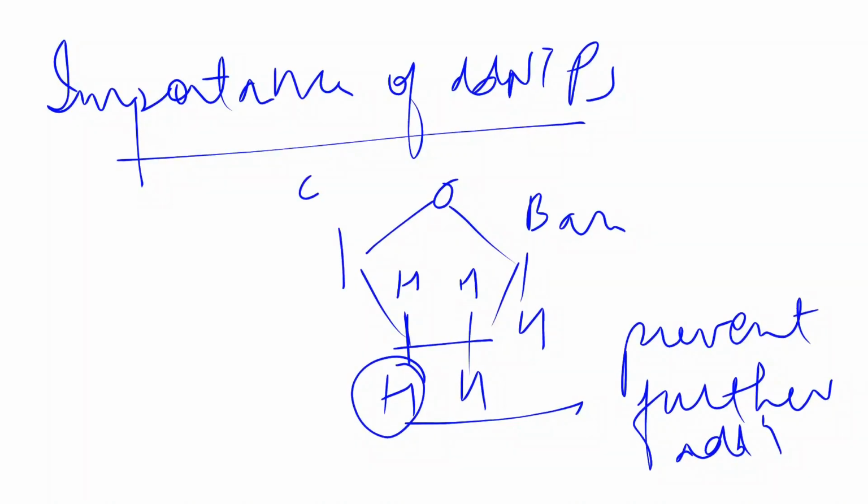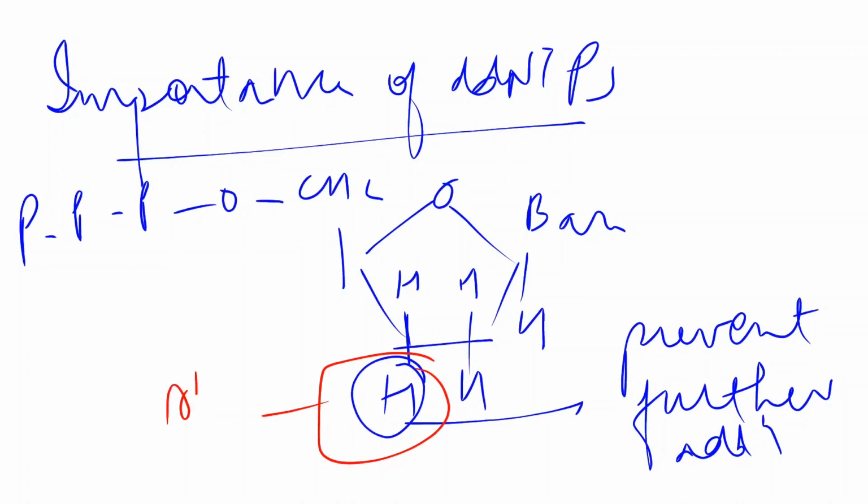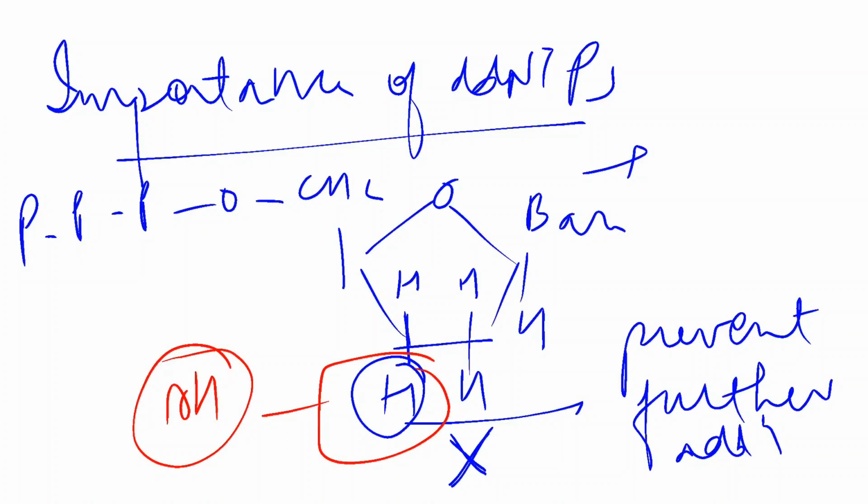In the case of normal dNTPs, you will have an OH, so it will form the phosphodiester bond. But in the case of ddNTPs, it will not form a phosphodiester bond, and therefore once DNA polymerase incorporates a ddNTP, the extension or elongation ceases.